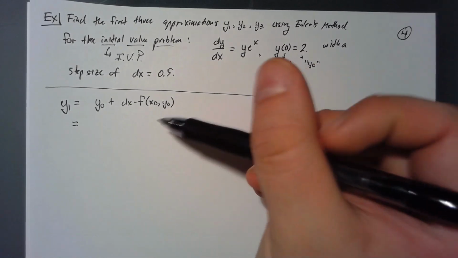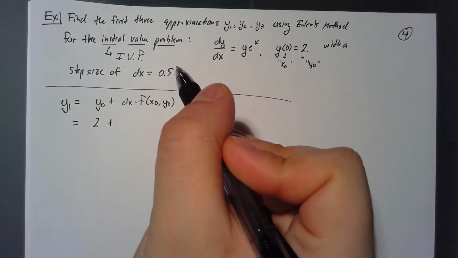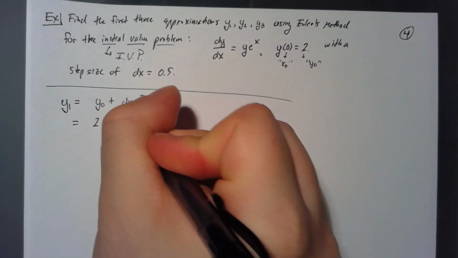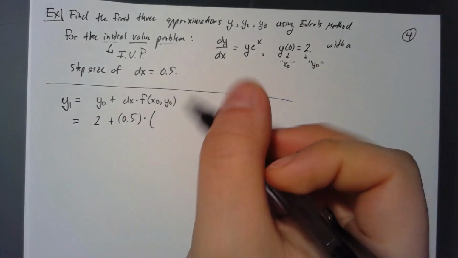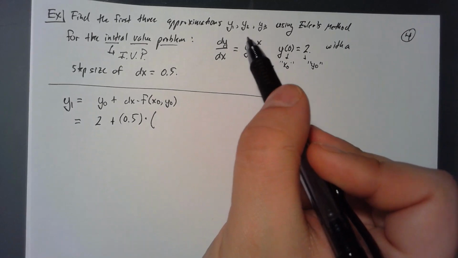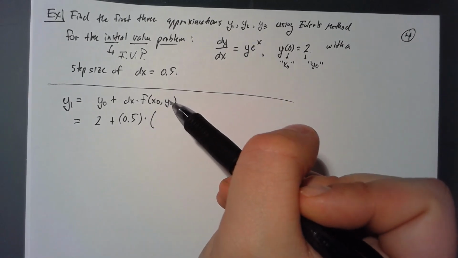Alright, so y sub 0 is 2, plus, what was my step size? 0.5. And that's going to be times the function, which is my differential equation, evaluated at 0, comma, y sub 0.